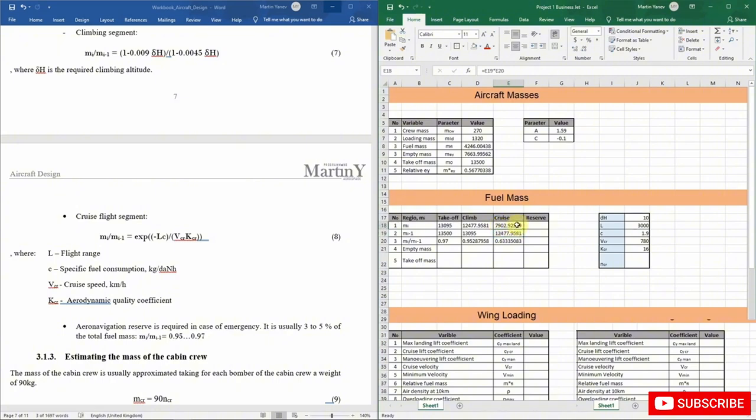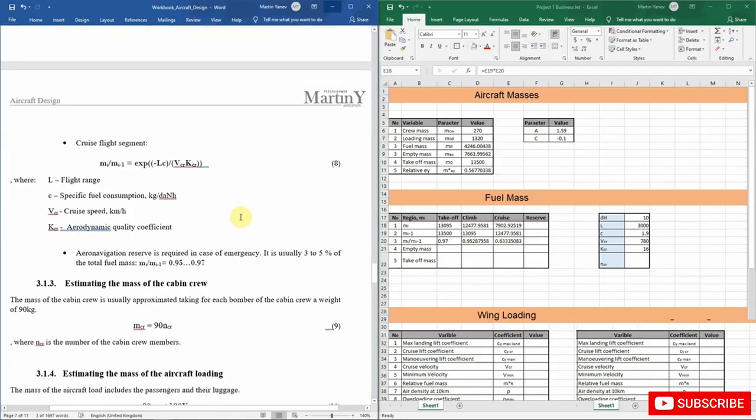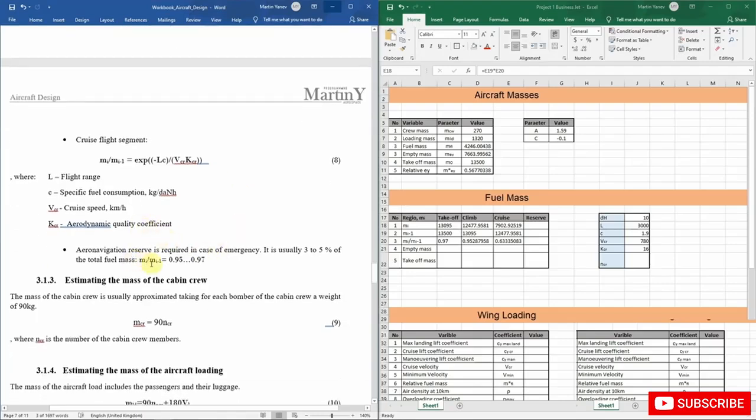Okay, and then the final stage is our aeronavigational reserve. Usually the aeronavigational reserve is 3 to 5% of the total mass of the flight. If we make it 3%, I will make it 0.97 of the total mass at that segment, which is 7,902.